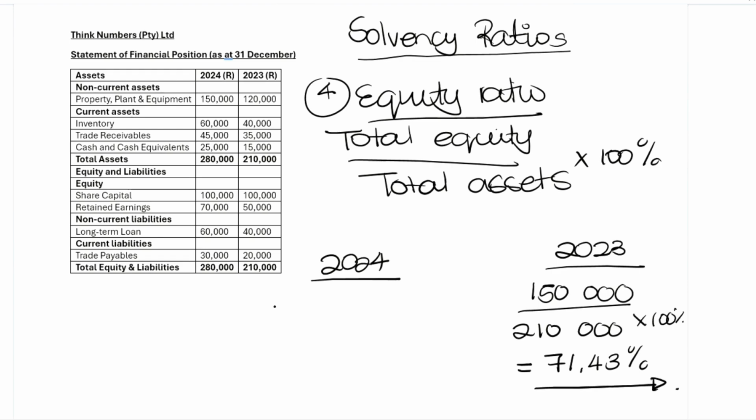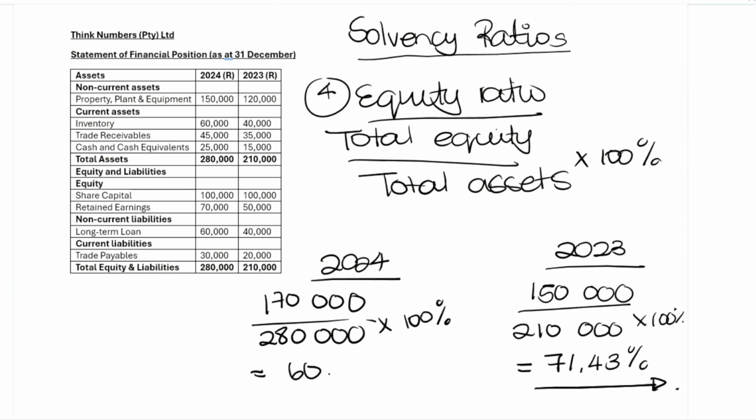Then we go to 2024, where we calculated equity to amount to 170,000, and total assets was 280,000. Multiply this by 100%, and you would have seen that in 2024, our equity ratio decreased to 60.71%.